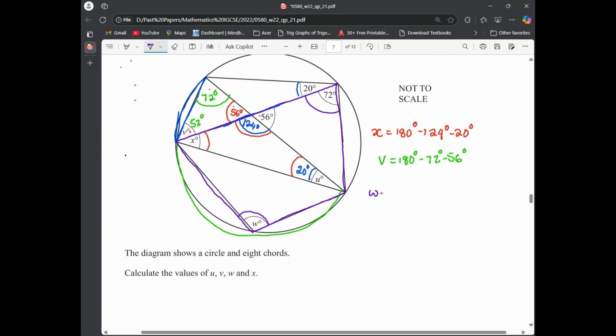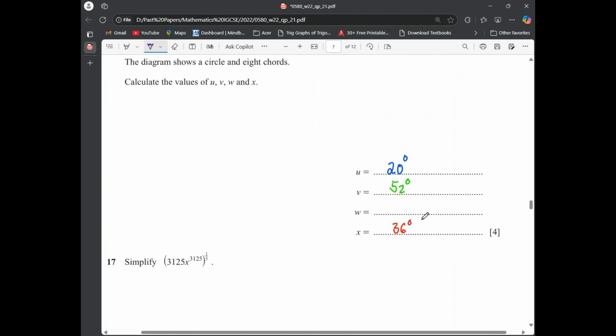In other words, W plus 72 degrees will be equal to 180 degrees. So W is 180 minus 72 degrees, which gives us 180 minus 70, that's 110, minus 2, 108. So W is equal to 108 degrees.